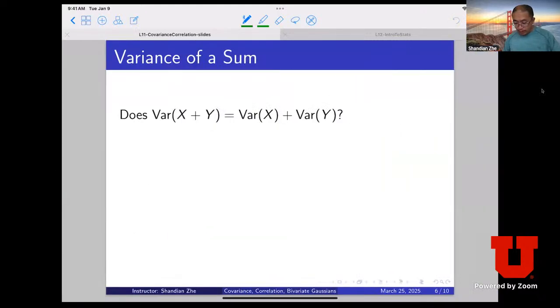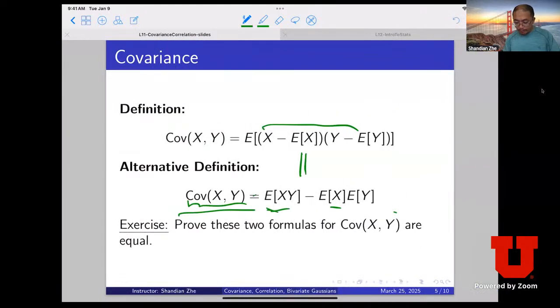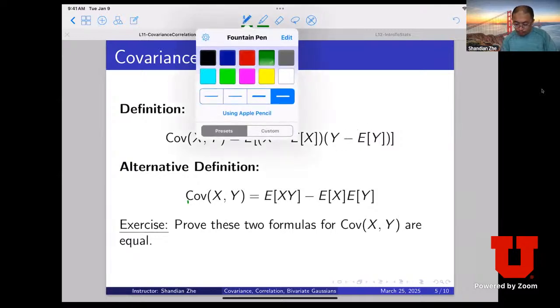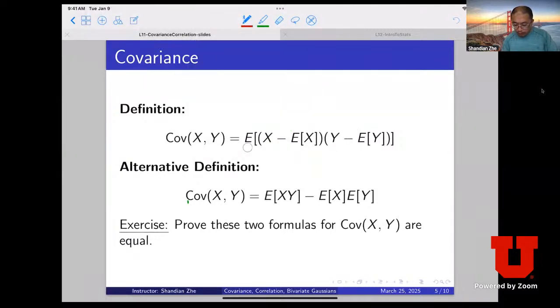Okay, so let's try to show this. We're going to start with the original definition, and by arranging and merging the terms, we see if we can simplify to the second definition.